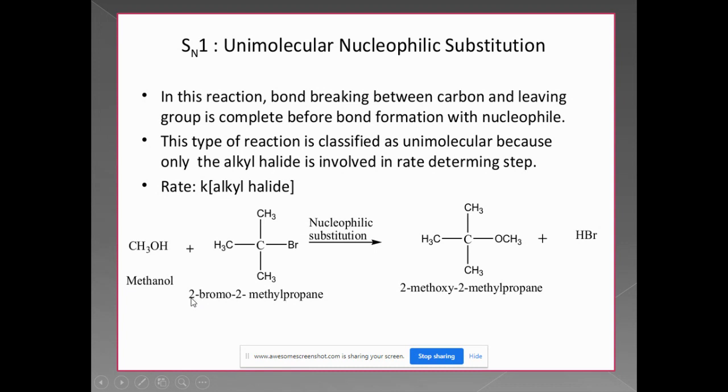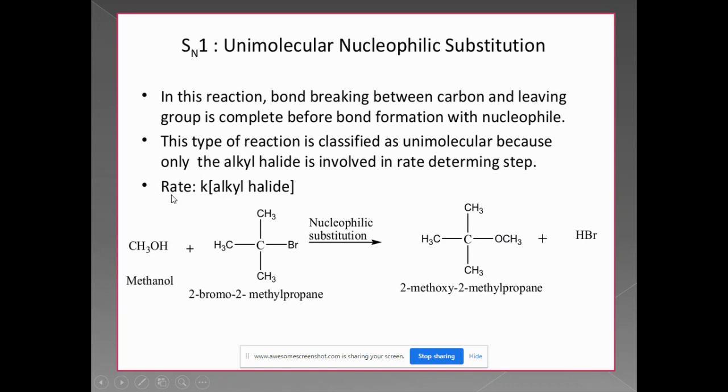Another way we can name it is 2-bromo-2-methylpropane. Methanol is the nucleophile, and from this methanol, the methoxy group CH3O negative acts as a nucleophile and replaces the Br with the CH3O group. The nucleophile attacks this tertiary butyl group, and that's why this is a nucleophilic substitution reaction. And why is it unimolecular?